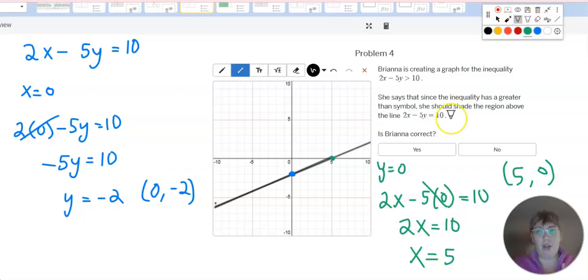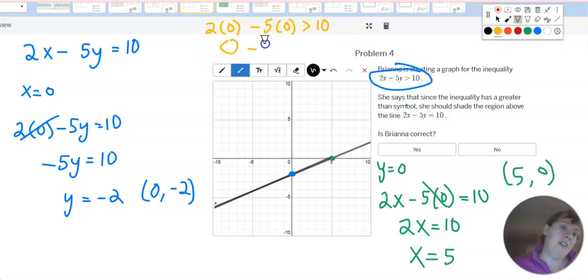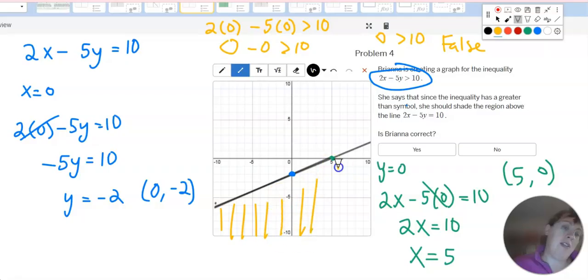And now we can plug in 0, 0 to this inequality. So we get 2 times 0 minus 5 times 0 is greater than 10. So this is 0 minus 0 is greater than 10, which ends up just being 0 greater than 10, which is false. So we actually want to shade below the line, the side that doesn't have 0, 0.